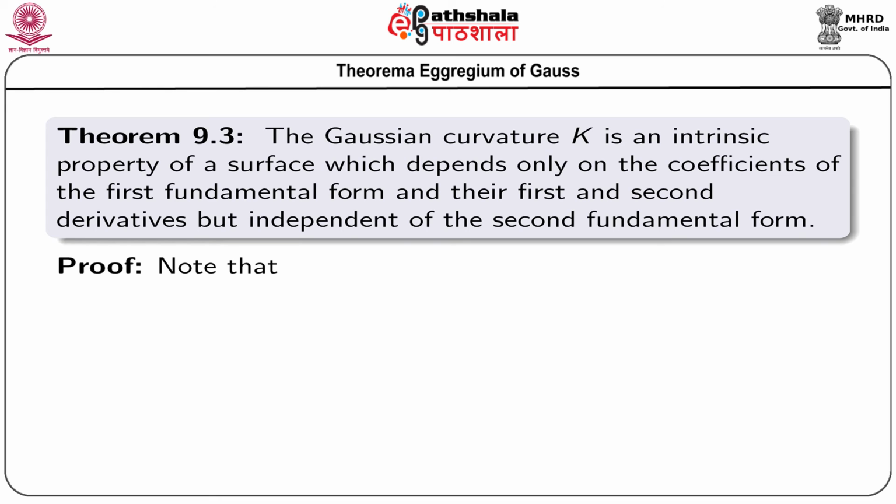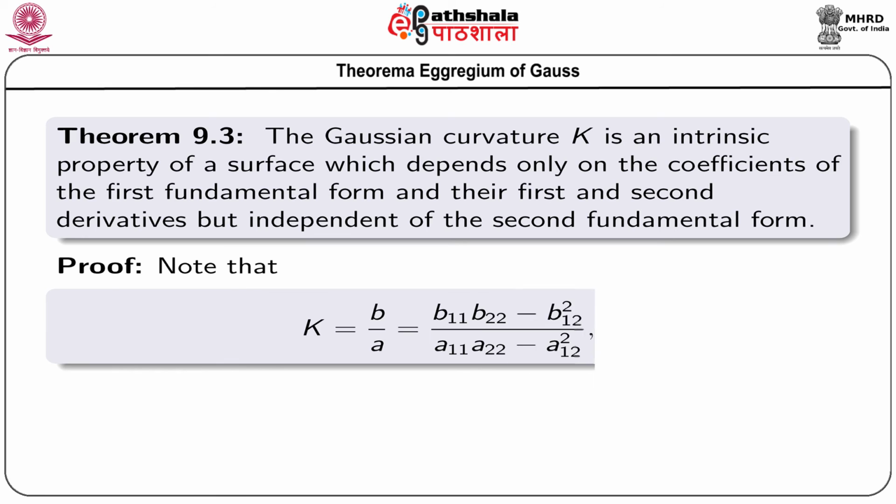Now, see, from Gauss equation we have derived, that is also in our earlier chapter, that Gaussian curvature can be written as B by A, where B is the determinant of the second fundamental form, that is B11 B22 minus B12 square, and A is the determinant of the first fundamental form, that is A11 A22 minus A12 square.